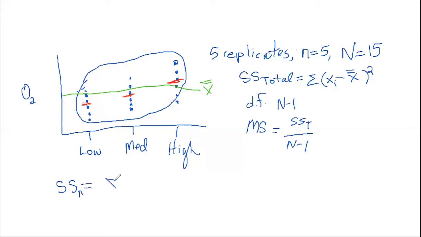That is equal to, we're going to sum, okay, the difference between each group's mean and the overall mean. Okay, we're going to take these distances and square them up. So if you remember, the way we indicate group is with a subscript j. And we're taking the mean and subtracting the overall mean. Okay, we want to square that up.